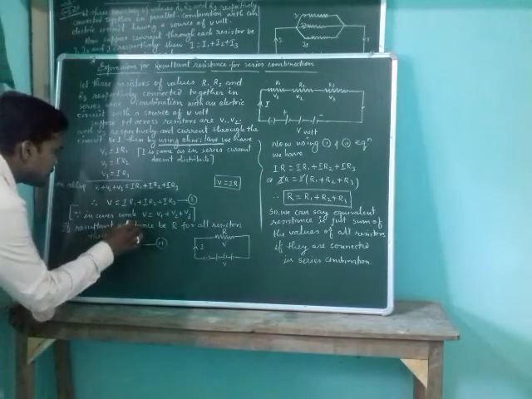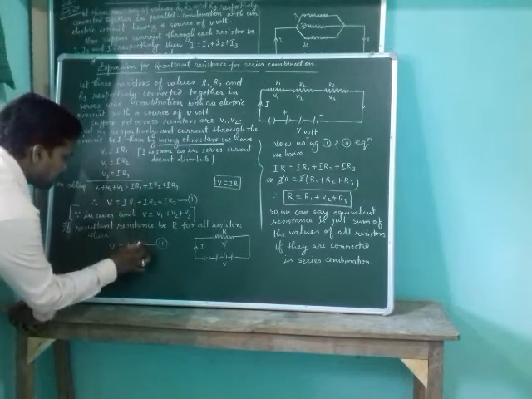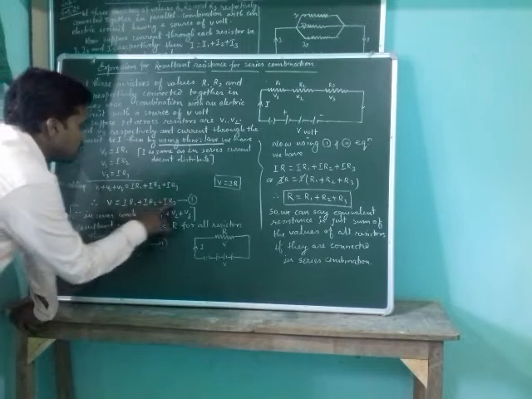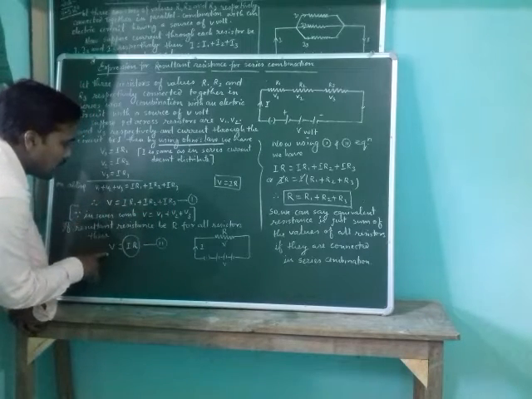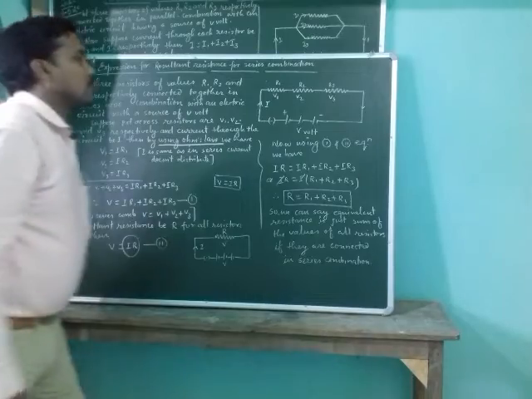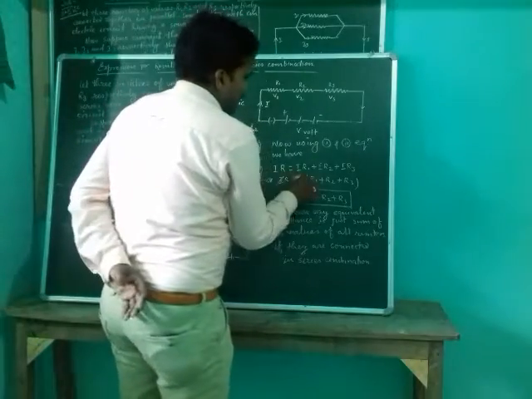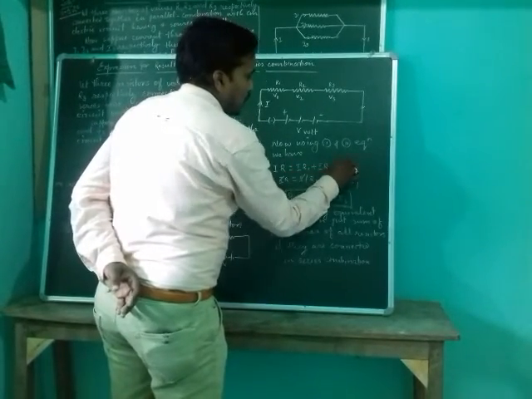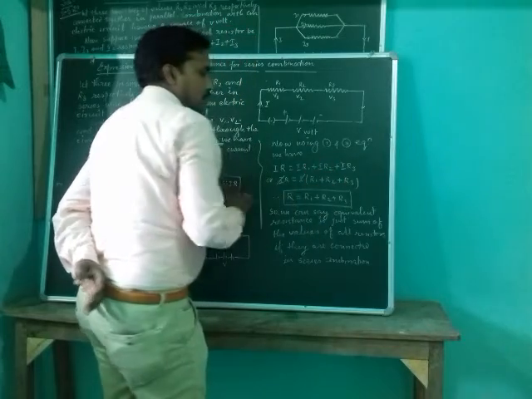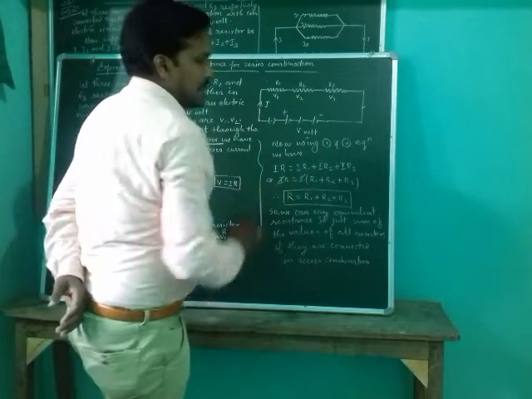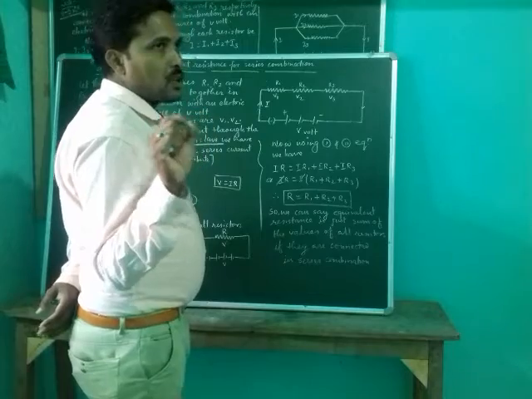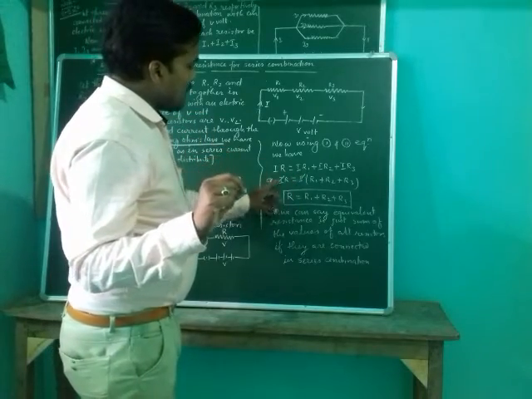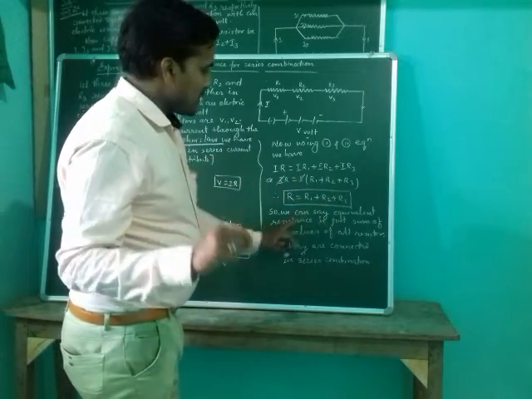IR, this one, is equal to this one. Left sides are equal, so right sides are equal. Taking I common on the right, I cancels together, and R is equal to R1 plus R2 plus R3.